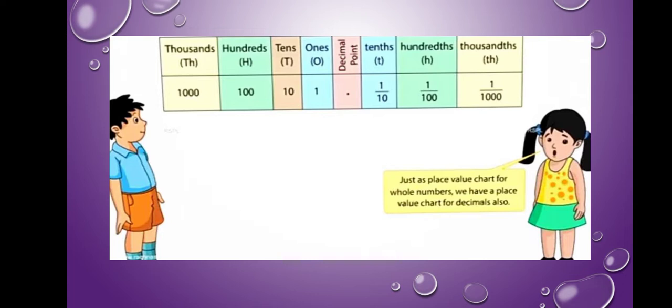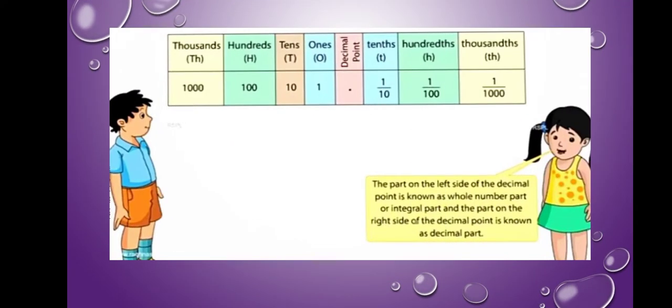Just as we have the place value chart for whole numbers, we have a place value chart for decimals also, with its own place values.